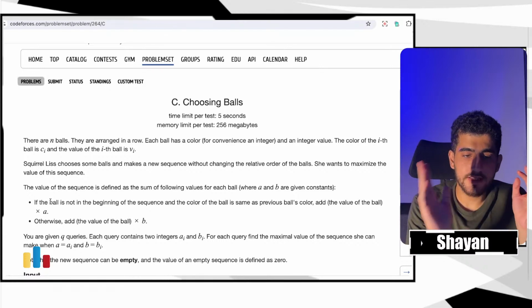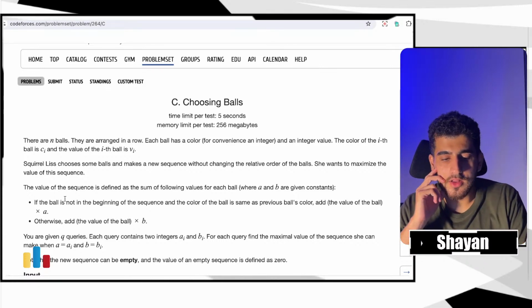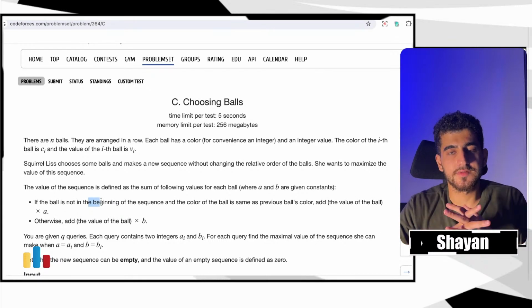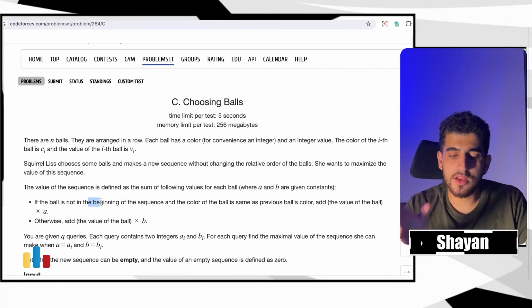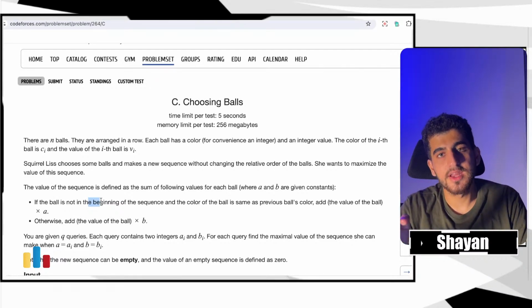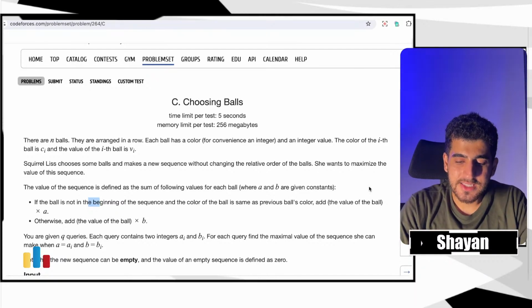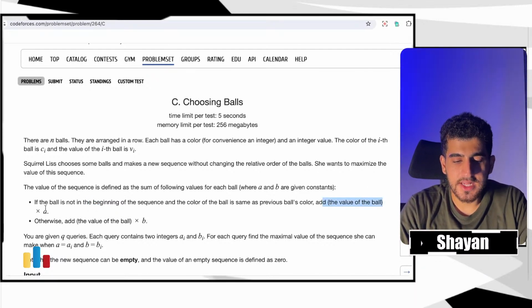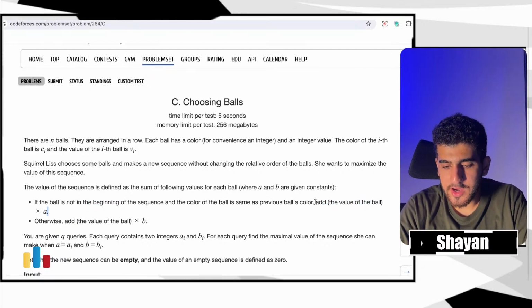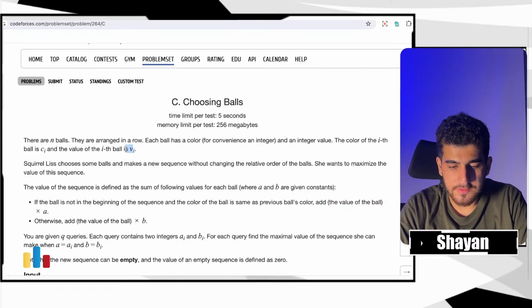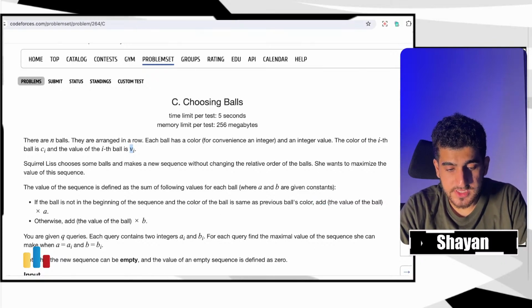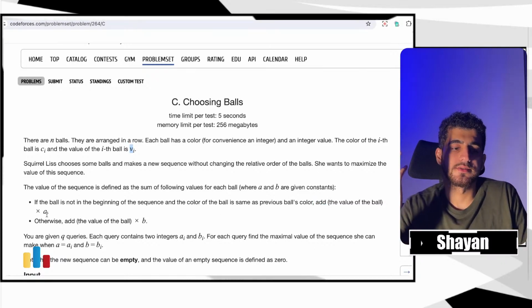You consider the balls one by one. If a ball is not in the beginning of the sequence and the color of it is the same as the color of the previous ball, we add the value of the ball times A. So if it is ball number I, we will add V sub I times A to our final answer.